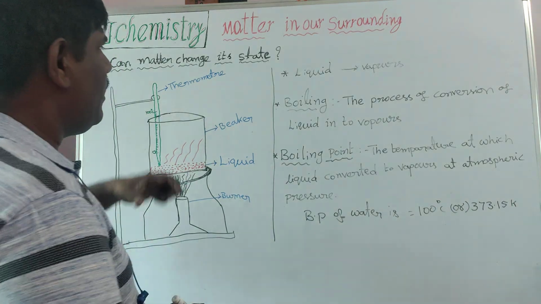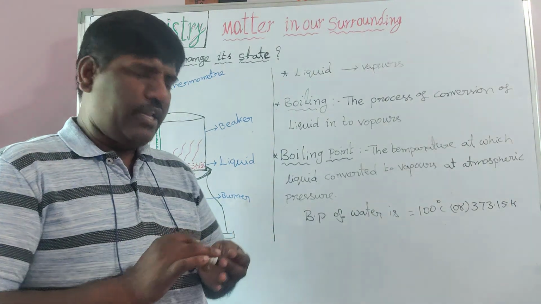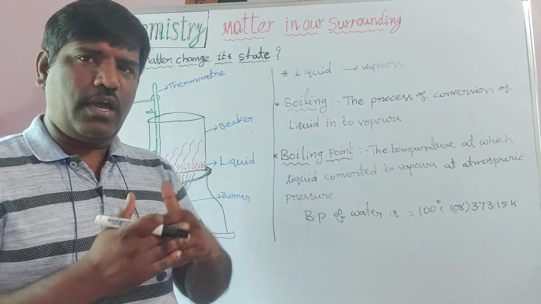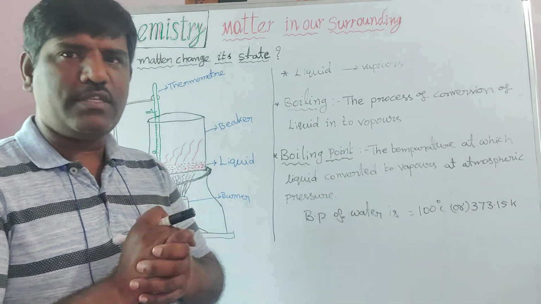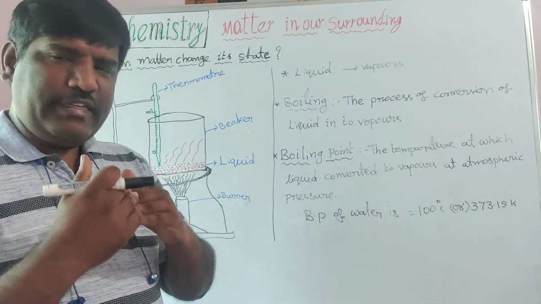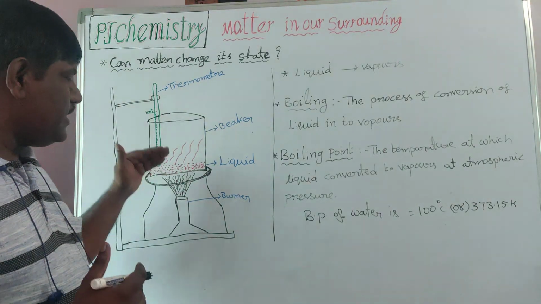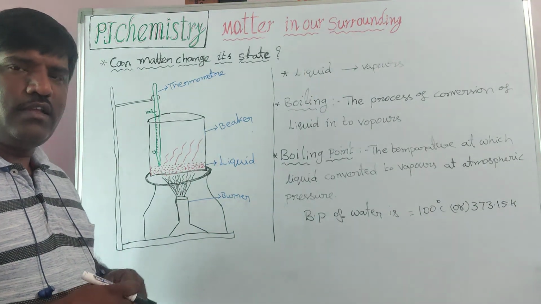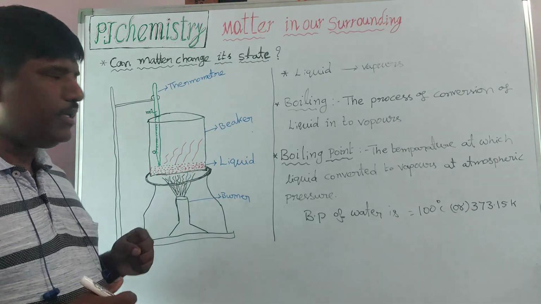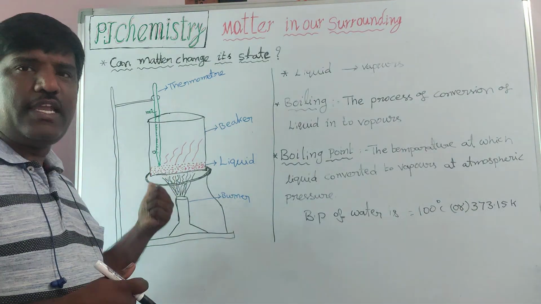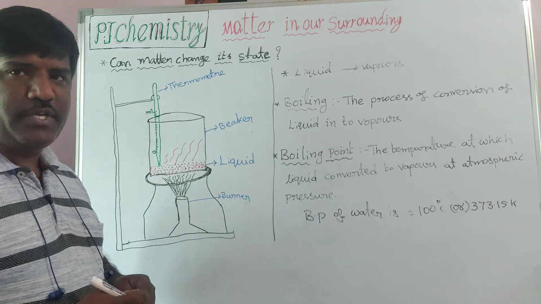No problem. Here, while converting solid to liquid or liquid to vapors, we noticed one thing. What is that? Even though we are giving continuous heat, until we reach the particular melting point or boiling point, we did not notice any rise in temperature in the thermometer.